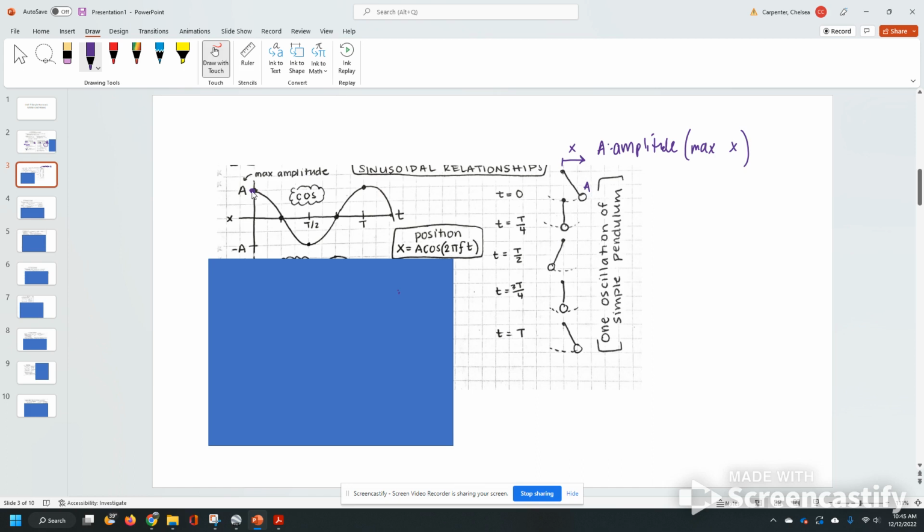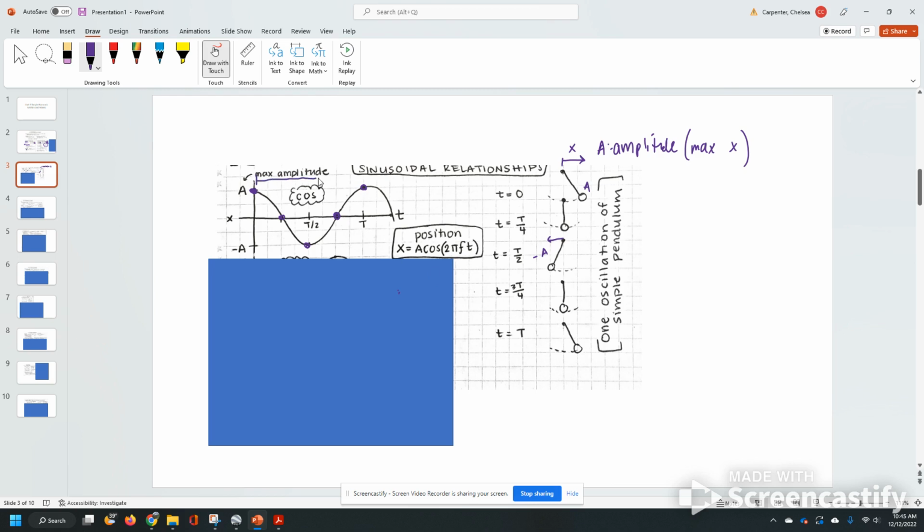And we're going to start at the maximum. And then we're going to swing down to the bottom. This is going to be a quarter of the way through 1 period. And then we're at 0. Once we're halfway through 1 whole oscillation, we're over here at some negative distance, negative A. 3/4 of the way through the period, we get back to 0, and then we end up where we started at one period.